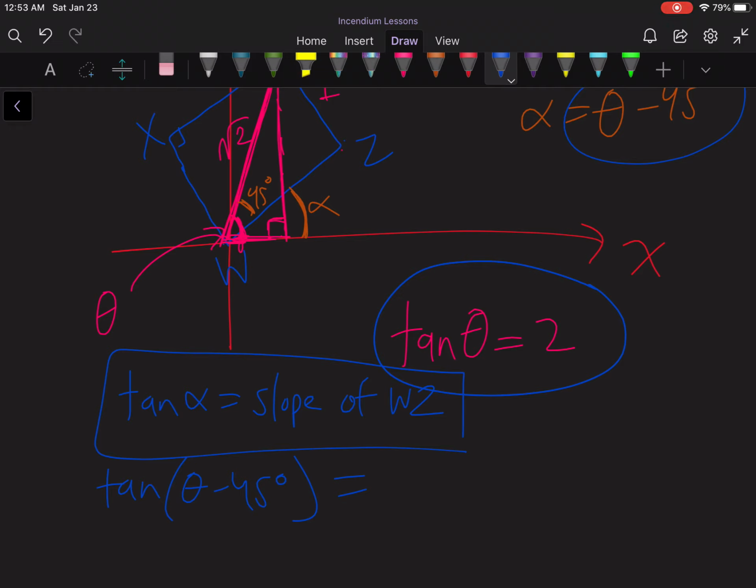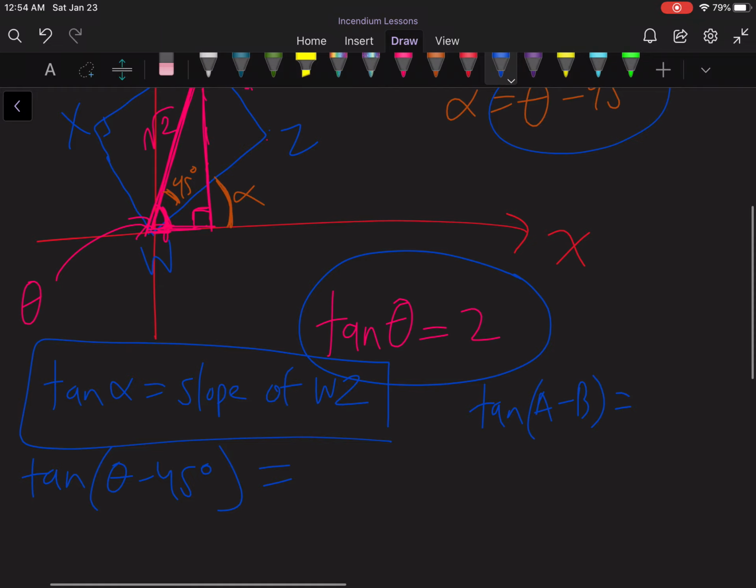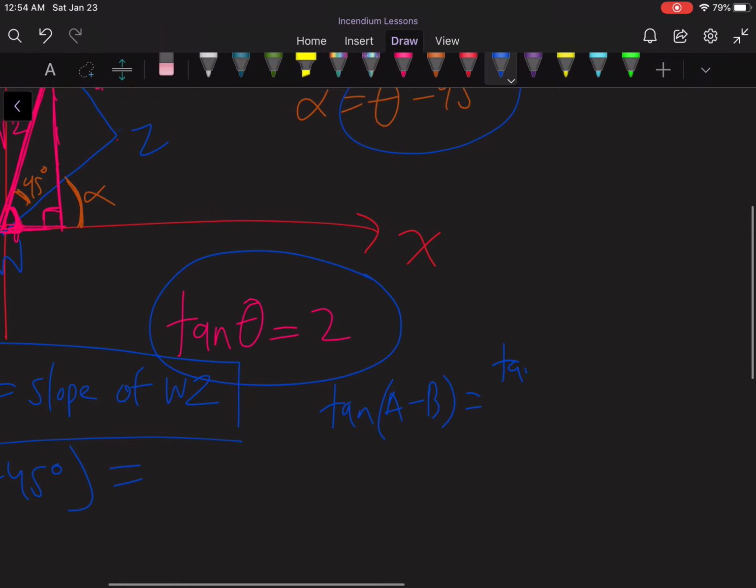So here, what comes to the rescue is our trig identities, especially the one that says tangent of a minus b equals tangent of a minus tangent of b over 1 minus tangent of a times tangent of b.